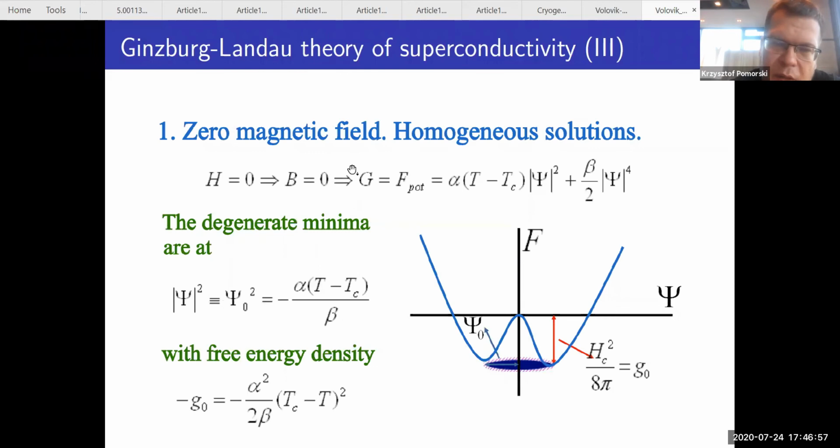All right, so here you have this picture: the free energy functional versus the superconducting order parameter, and you see that indeed for a non-zero superconducting order parameter, there are minima in this free energy, the Helmholtz energy. Yes, indeed, close to the critical temperature, your alpha can be scaled by T minus Tc over Tc. So this is the value of the superconducting order parameter in the case of a uniform superconductor with no magnetic field. All right, so let me move on.